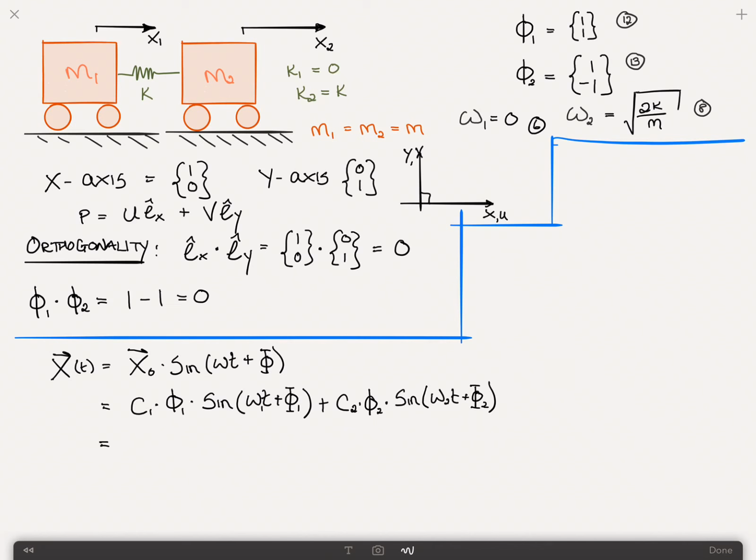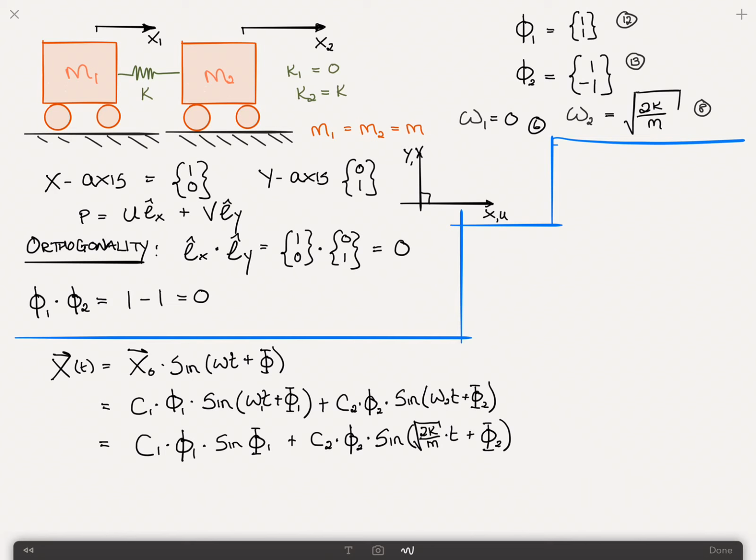We'll say that this is equal to C1 times phi 1 times, we know omega 1 is 0, so this is just sine of capital phi 1, plus, and then the second term remains the same, C2 lowercase phi 2 times sine of omega 2 t plus phi 2. Let's put in what omega 2 is.